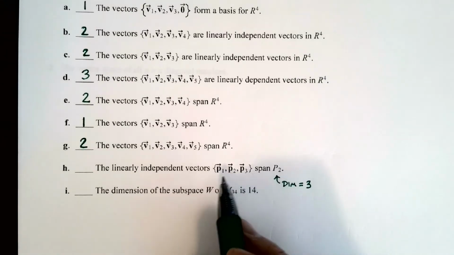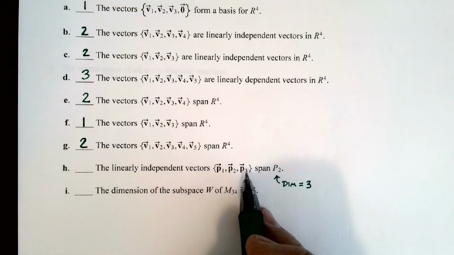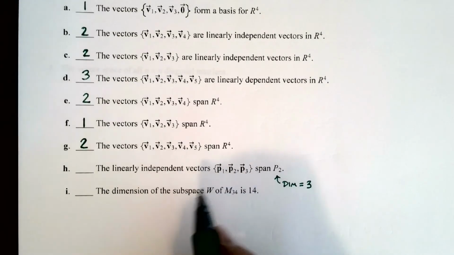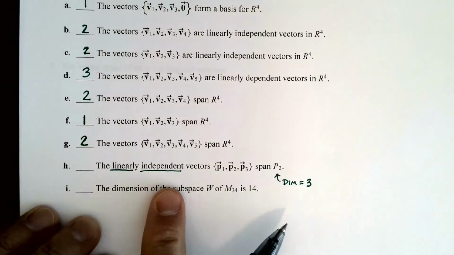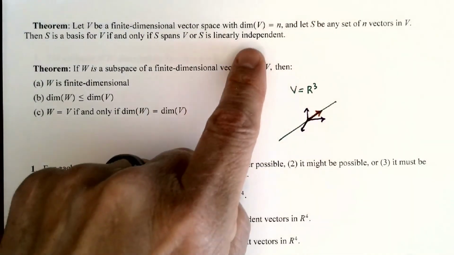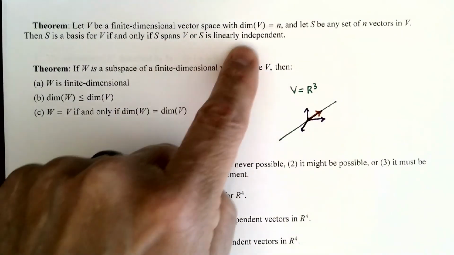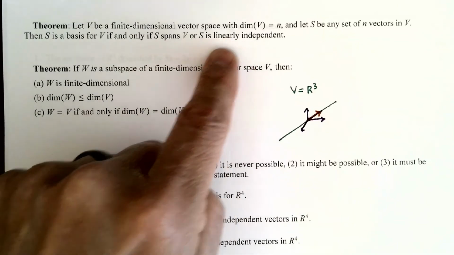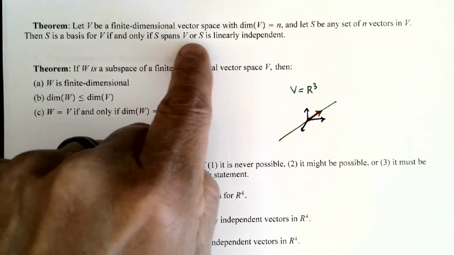Well, not so fast. Since we know the dimension, and we have 1, 2, 3 vectors here, and we know that they are linearly independent, something we're told is true. Remember this theorem we just looked at. If they're linearly independent, we only need to check one of these 2 conditions for a basis. They are a basis if and only if this is true or this is true.